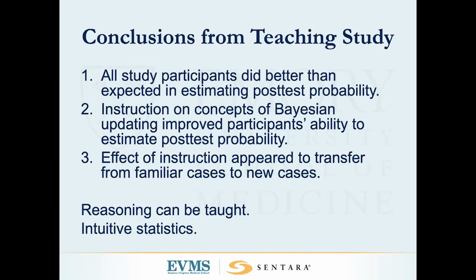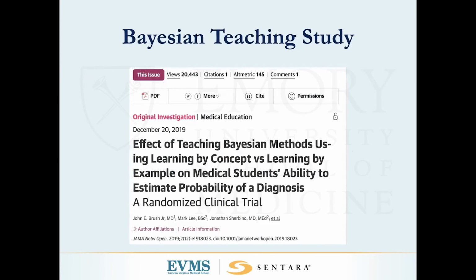So we can conclude that reasoning can be taught. It's consistent with some of the literature, although a lot of the literature is a little negative on this, but we think that in fact Bayesian reasoning can be taught with some improvement in diagnostic reasoning. So this was published in JAMA Network Open last year.